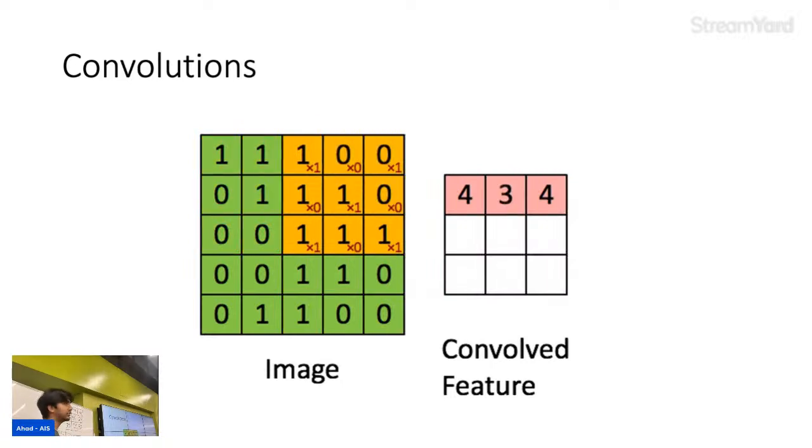So I might want to detect where there are straight lines. I might also want to detect where there are vertical lines. So what we also do is we have multiple weight matrices stacked on top of each other, so it can detect more than just a diagonal line.